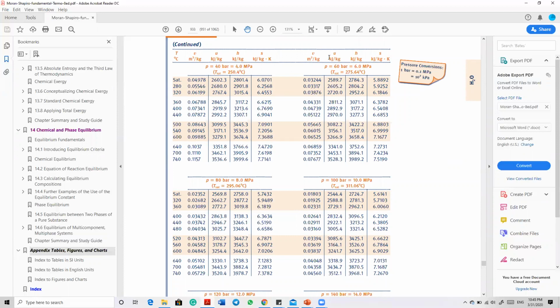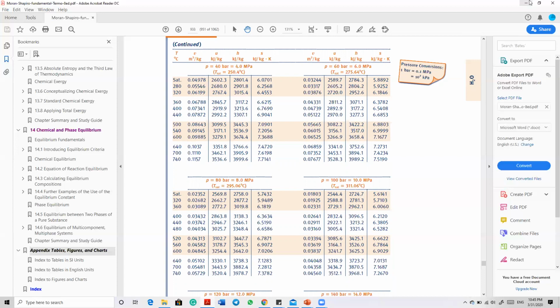U, or internal energy in kilojoules per kilogram, is 2832.4. Enthalpy is 3096 and a half kilojoules per kilogram, right? The last one is entropy, which we will discuss later when we talk about the entropy and second law of thermodynamics, right? Okay.